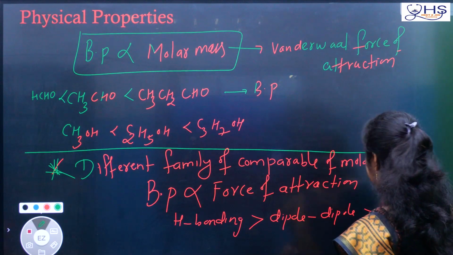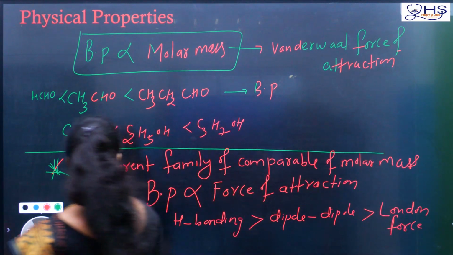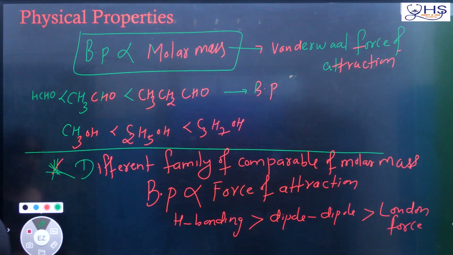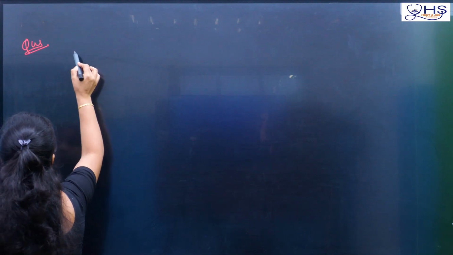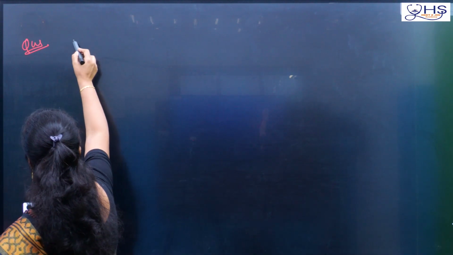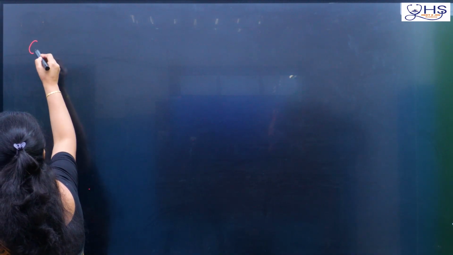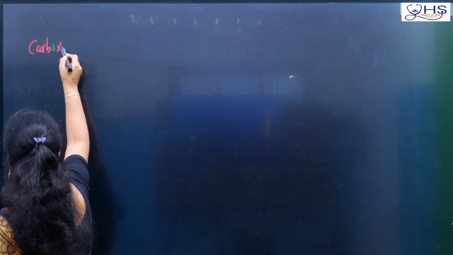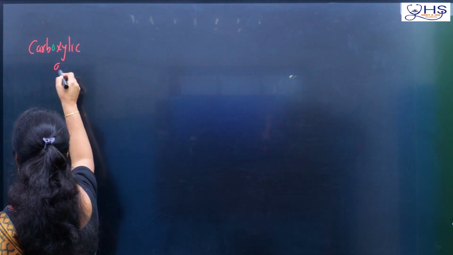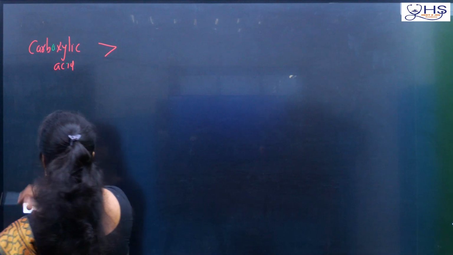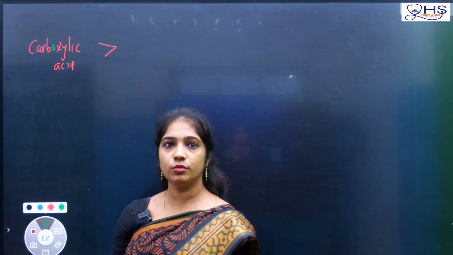Now I will give you the example here. Please note down this. Directly, the first order: carboxylic acid will be having the highest boiling point due to extensive hydrogen bonding.